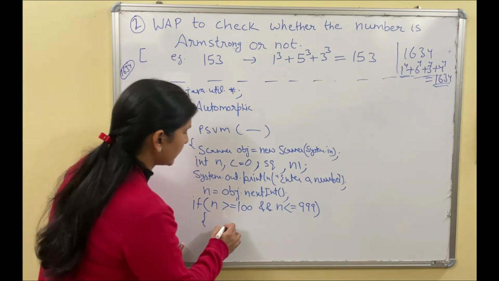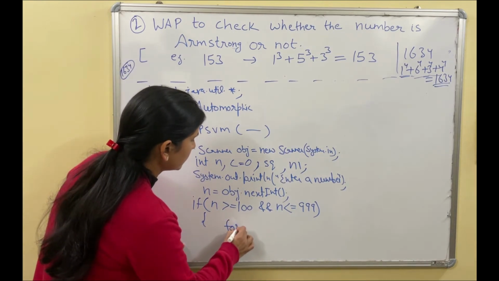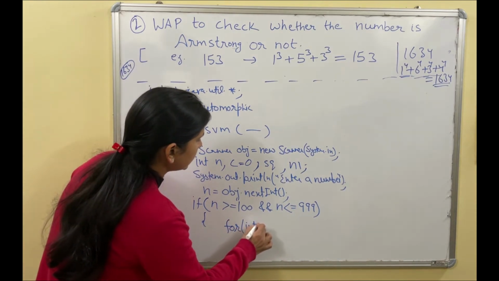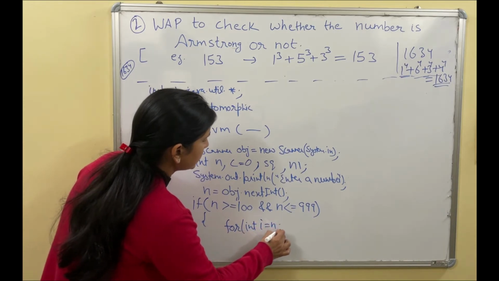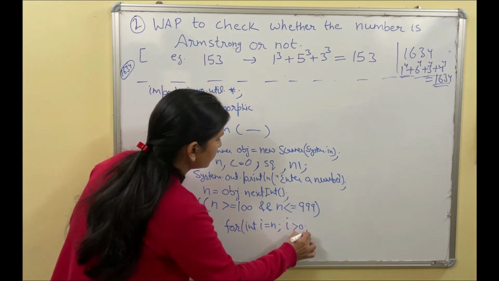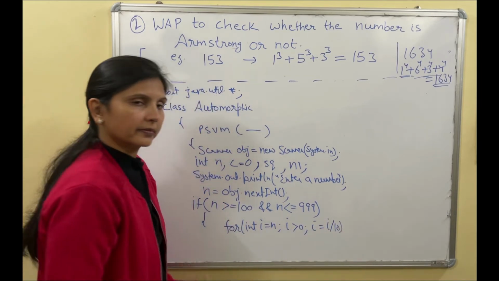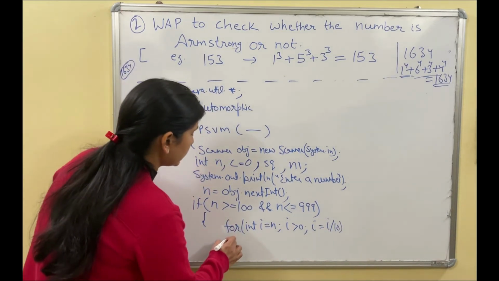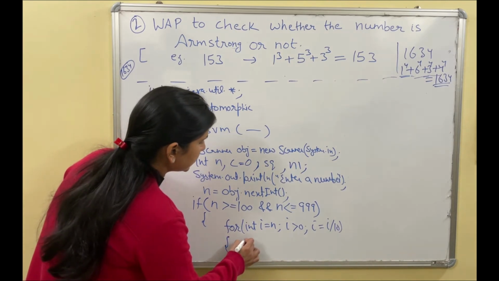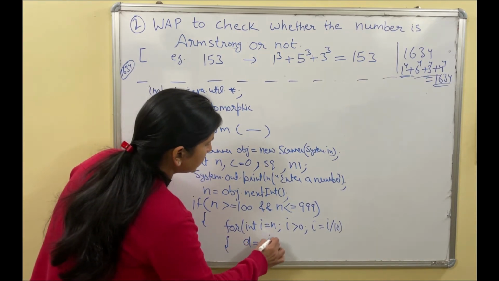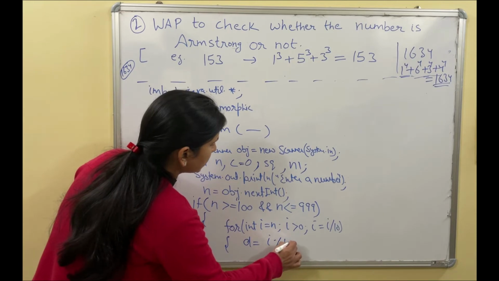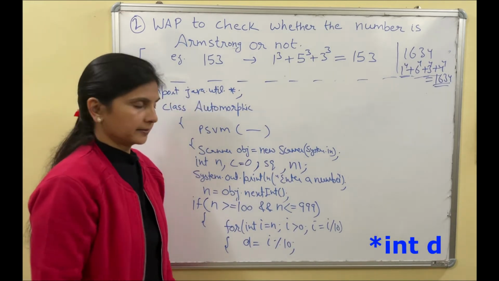Then we will apply again a for loop: for int i equals n, i greater than 0, i equals i / 10. Fine. Then we will extract the digit first. d equals i mod 10, right?